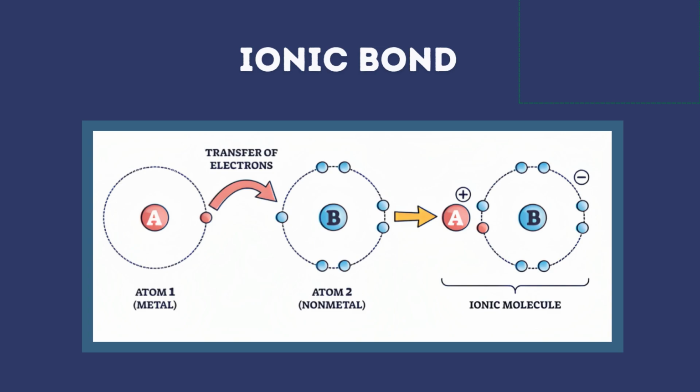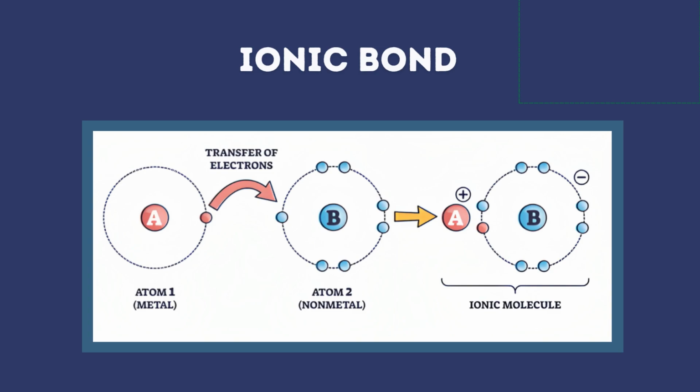An ionic bond is a type of chemical bond that occurs when one or more electrons are transferred from one atom to another. This results in the formation of positively charged ions, or cations, and negatively charged ions, or anions, that are attracted to each other due to their opposite charges.